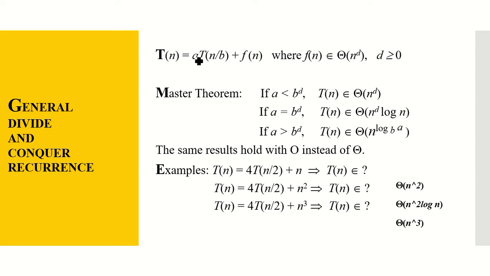For the equation T(n) = a T(n/b) + f(n), where f(n) belongs to theta of n raised to the power d and d is greater than or equal to 0, the master's theorem states that if a is less than b raised to the power d, then T(n) belongs to theta of n^d. If a is equal to b^d, then T(n) belongs to theta of n^d log n. And if a is greater than b^d, then T(n) belongs to theta of n raised to the power log base b of a.